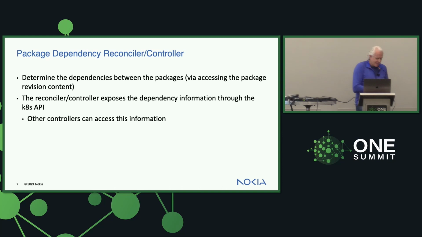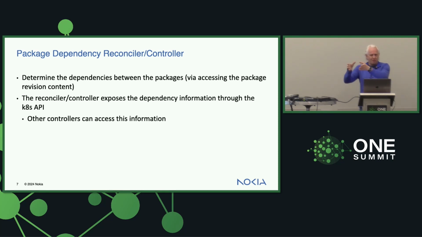This controller looks at all the content of the package and makes the dependencies that each package is depending upon available inside of the Kubernetes API system. Now, someone else will then use that to figure out who is depending on what.